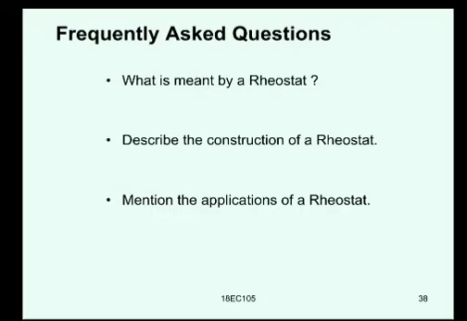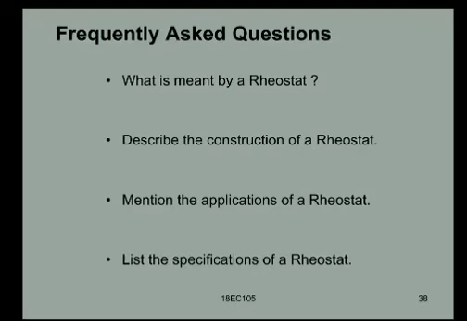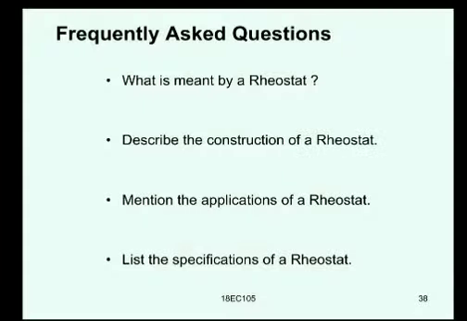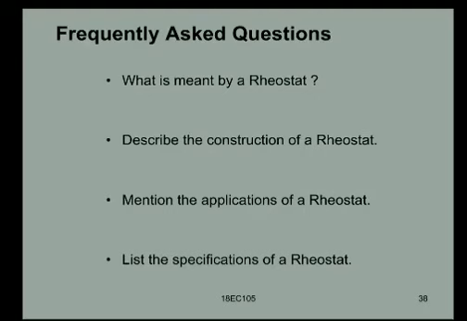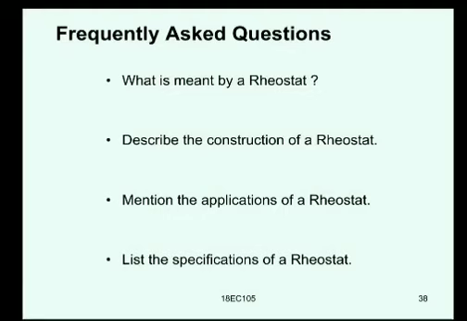Then let us talk about the specifications of the rheostats. Do you remember any of them? Specifications are high voltage, then high current. What is the range of current or the voltage that can be controlled by using this rheostat?